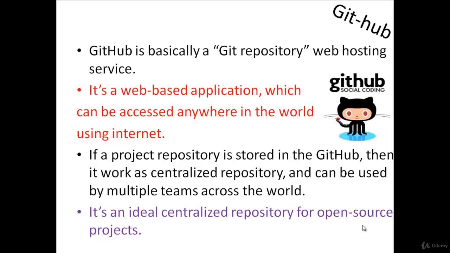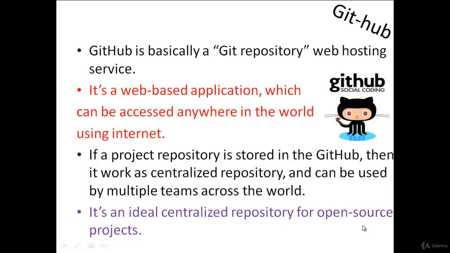He can take a look at the entire thing that you have pushed to the remote repository with the help of a URL. There's no special installation required for GitHub. GitHub is basically accessed through the internet, through a website itself, right? So you only need to have an account on GitHub to maintain a repository on the remote server, right?